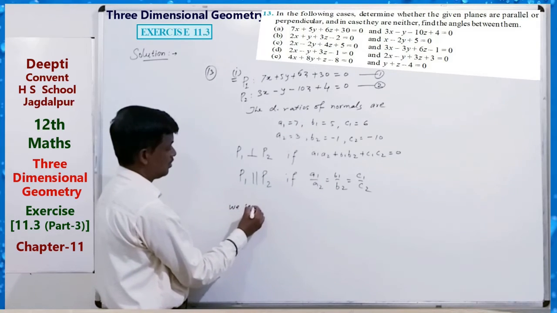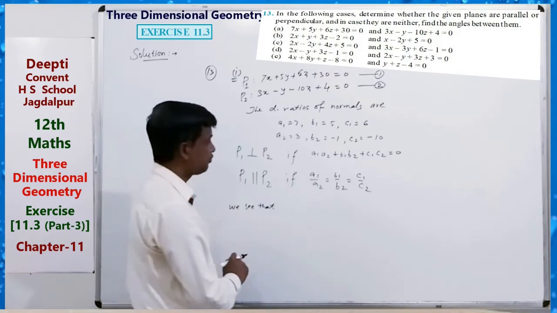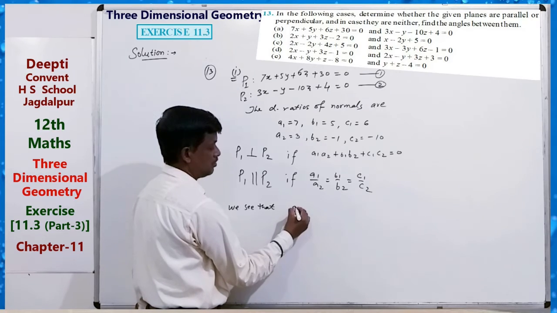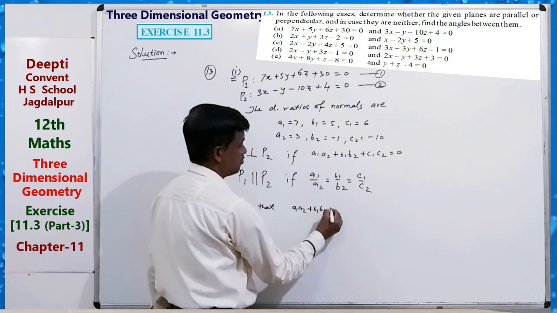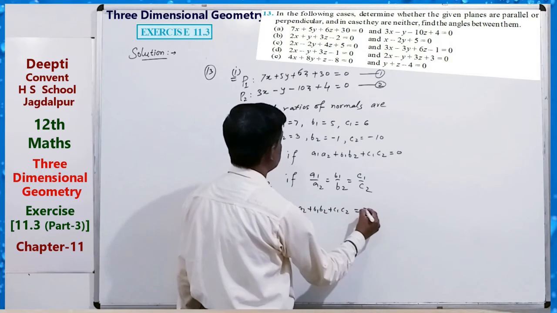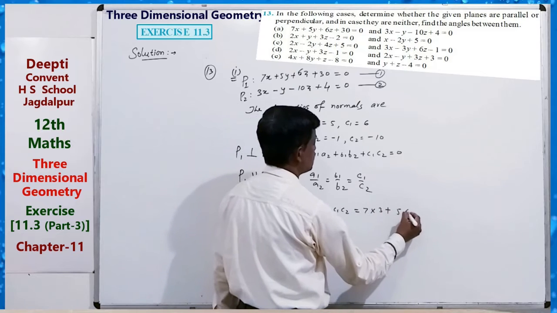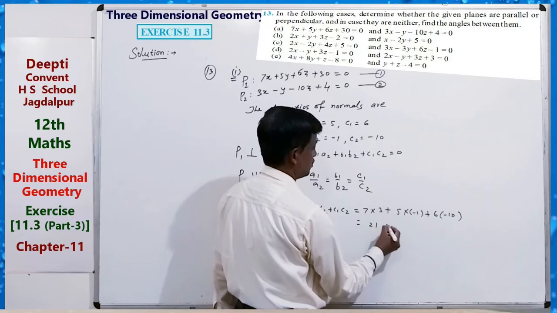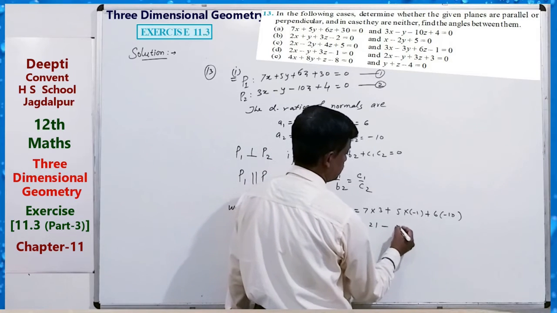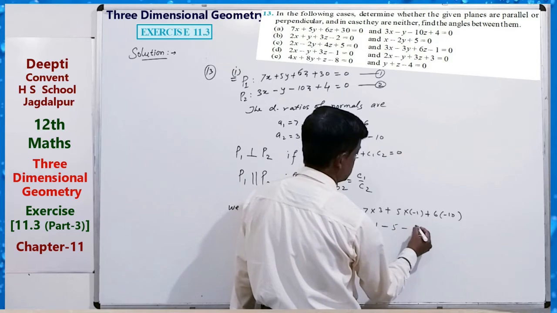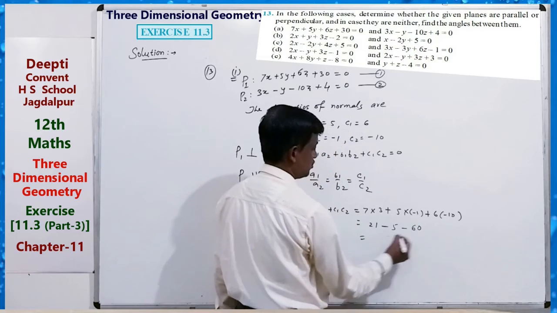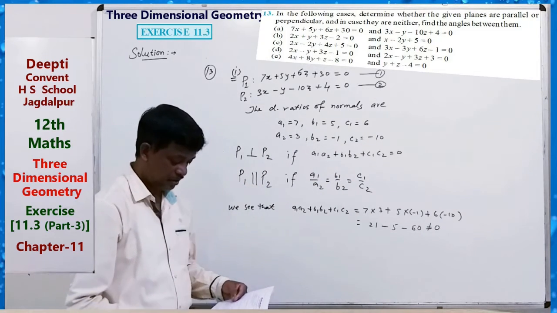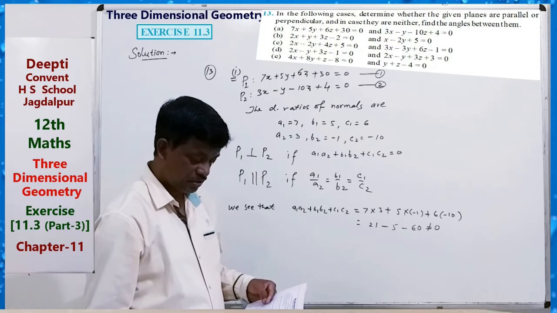So if we try, we see that A1 A2 plus B1 B2 plus C1 C2 is 7 into 3 plus 5 into minus 1 plus 6 into minus 10, which equals 21 minus 5 minus 60. This is not equal to 0.